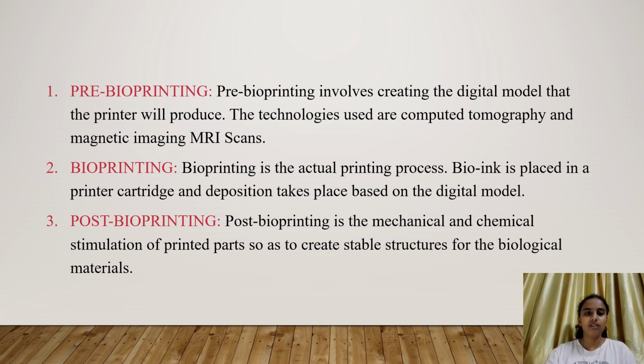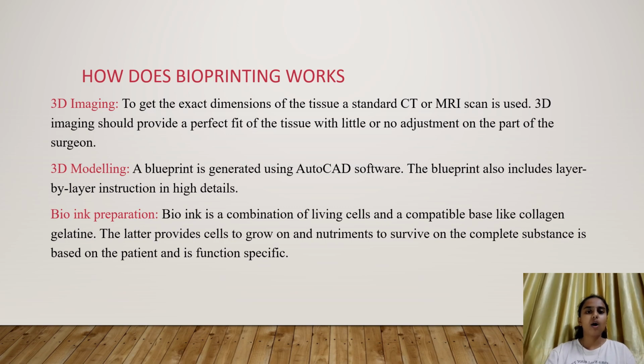Bioink is placed in a printer and deposition takes place based on the digital model. Third one is post bioprinting. Post bioprinting is a mechanical and chemical stimulation of printed parts so as to create stable structures for the biological materials.